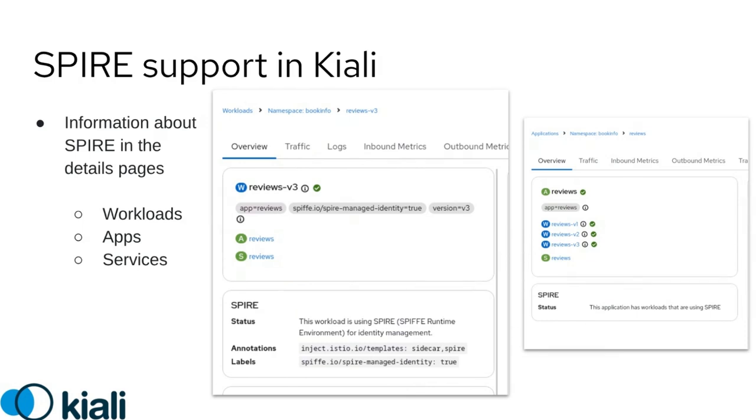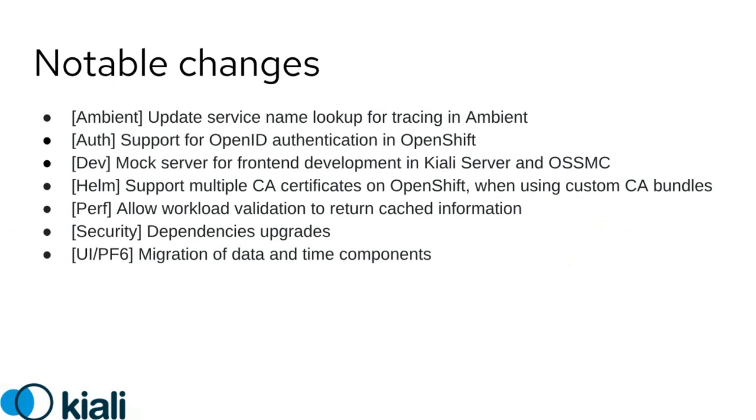But when SPIRE is used as well, a new card in the detailed pages is going to be shown, including when a workload, service, or application is using it, and also showing related information, like, for example, the labels that you can see there in the workload detail page.